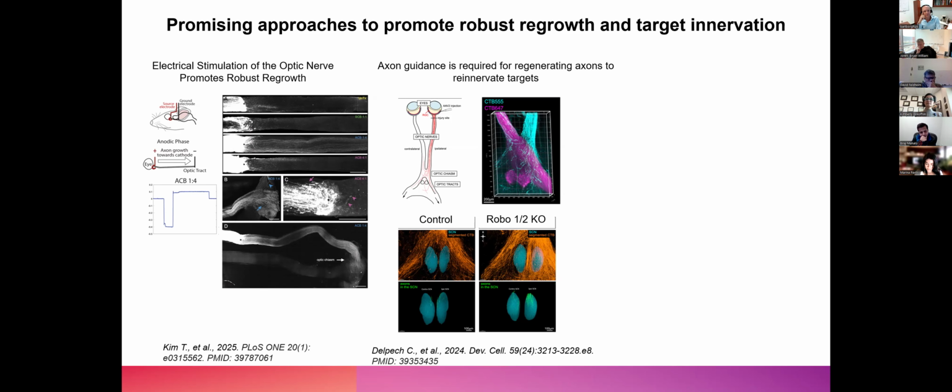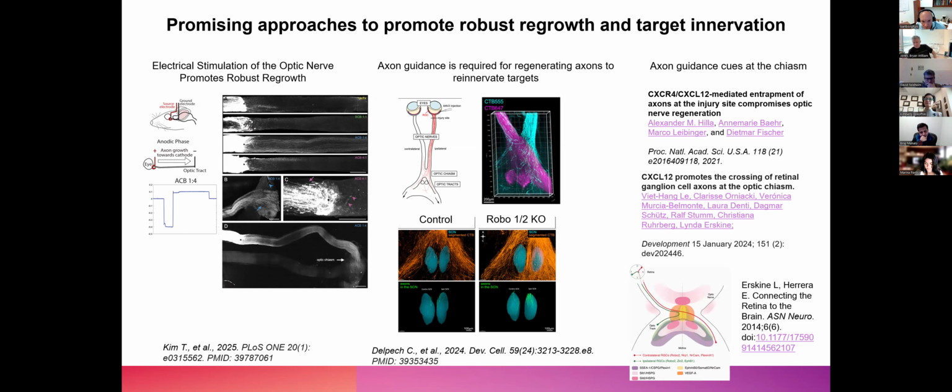And of course, we know from a whole body of work from the Mason lab and others that the optic chiasm is, like I said, a very tricky navigational choice point, where many axons get misrouted, both in development as well as in regeneration. There are many different signals present there, a combination of adhesive, repulsive and attractive signals.